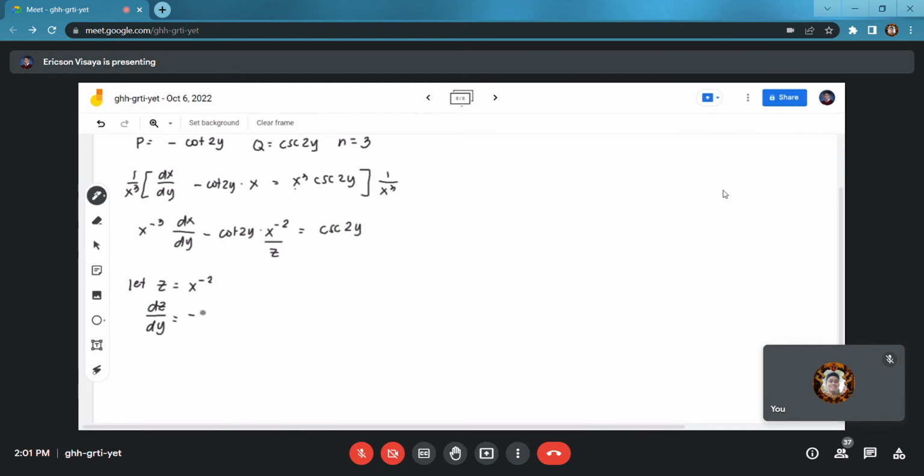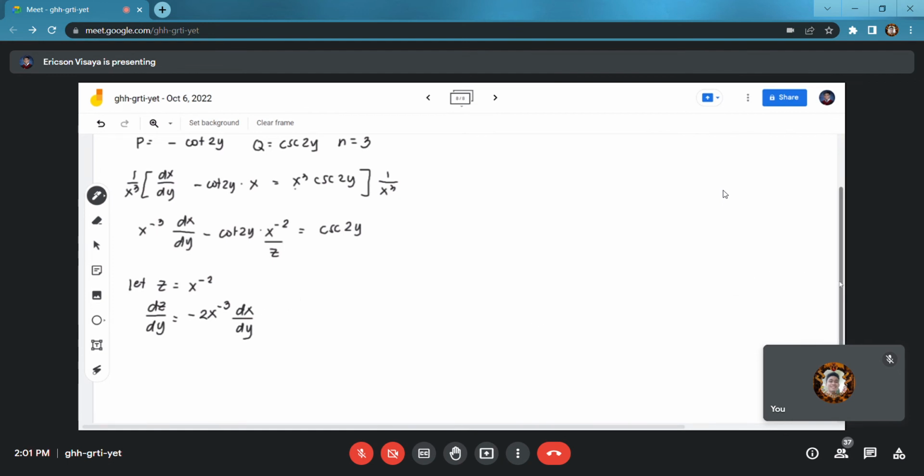Negative 2x raised to negative 2 minus 1, so negative 3, so negative 2x raised to negative 3 dx over dy.